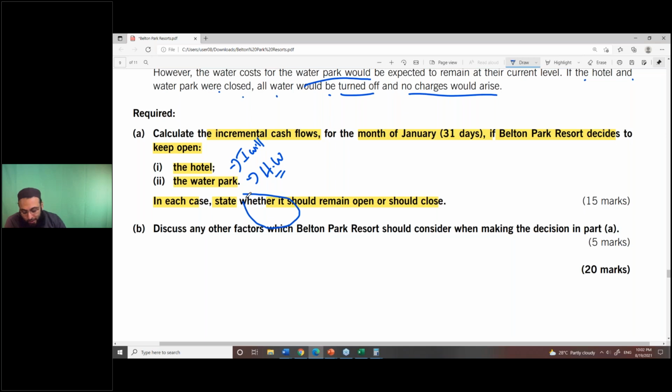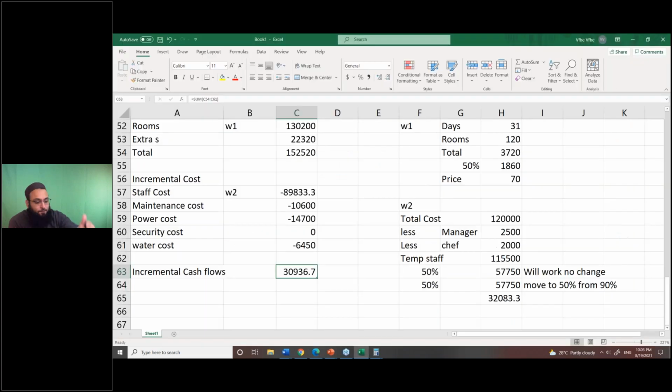Hotel should remain open. For the water park, you will decide and let me know. But for the hotel, it's clear that it should remain open, because the numbers say that it is useful. Okay, got it? Now let's take up your questions.